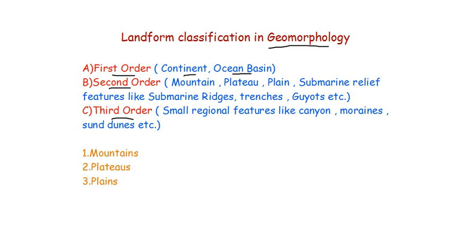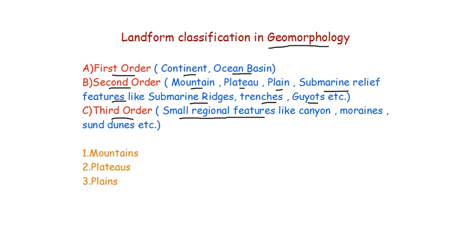Under second order we have mountain, plateau, plain and submarine relief features, means underwater relief features under the water of ocean, like submarine ridges, trenches and guyots. Under third order we have small regional features like canyon, moraines and sand dunes. All the landforms of third order are part of second order landform.